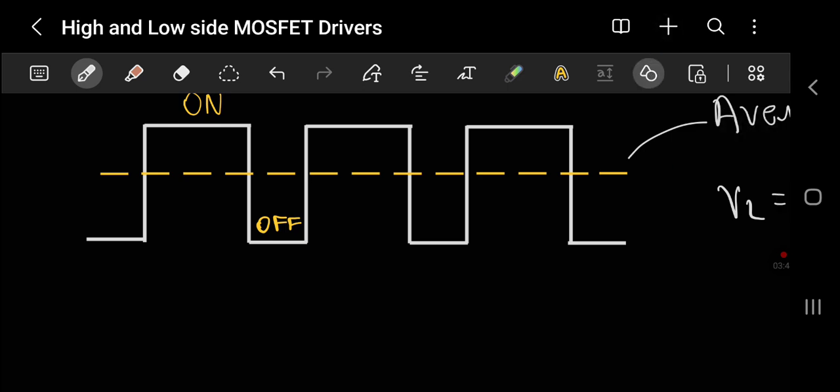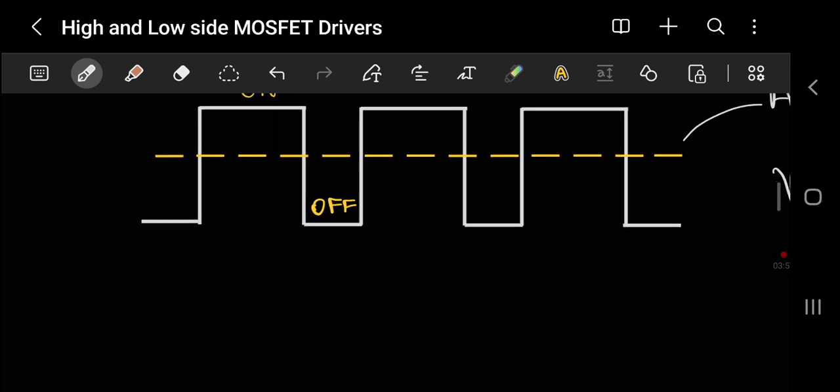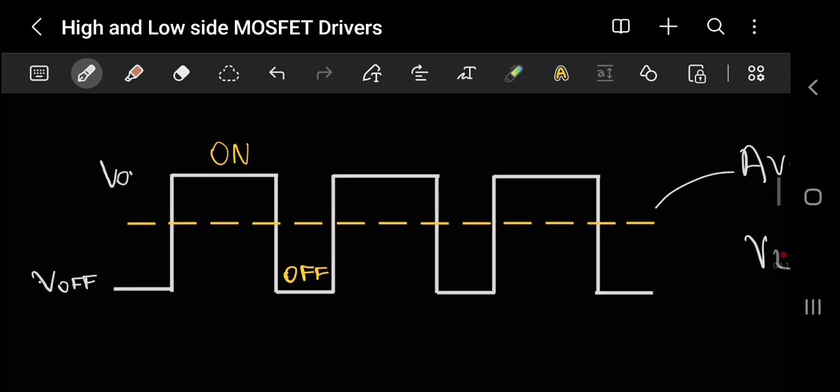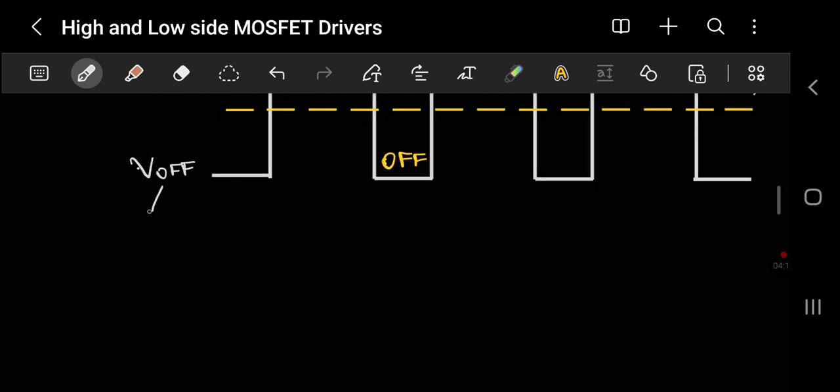So now I'm going to draw the waveform of the current. It behaves as charge and discharge. So here we have the voltage off and the voltage on, when it's high and when it's low.